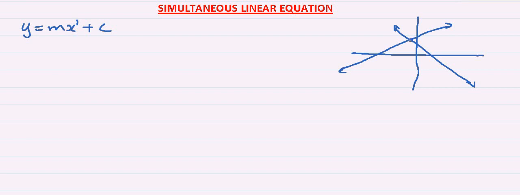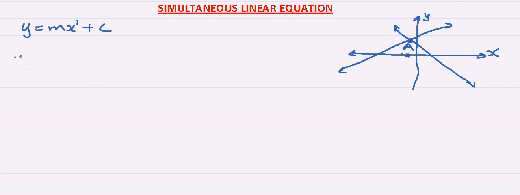The 2 graphs intersect at point A. So we are trying to find the coordinates where the 2 graphs intersect. Hence we are solving it algebraically, or you can solve it by drawing the graph. Your graph must be to scale so that you'll see the x coordinates and the y coordinates where the graph meets.